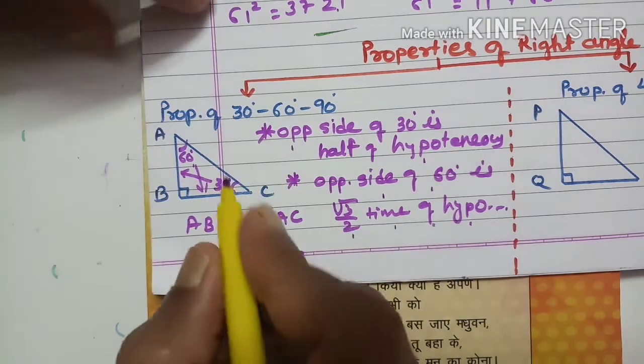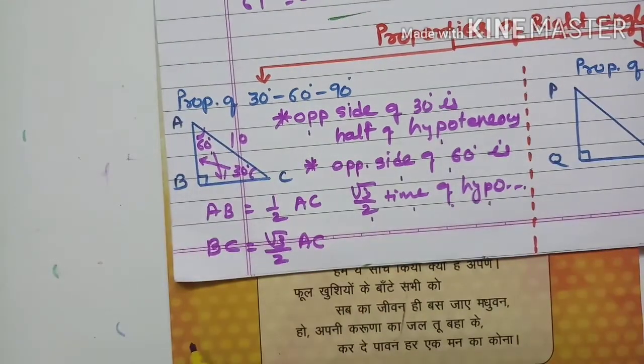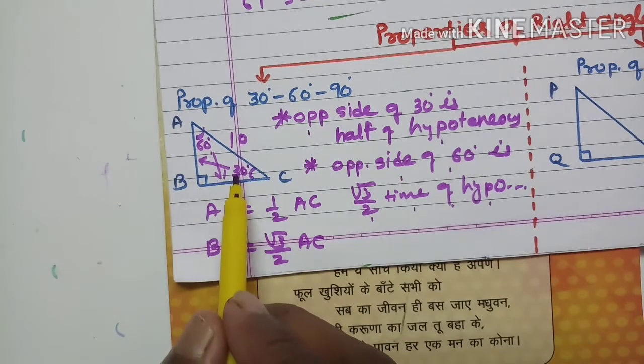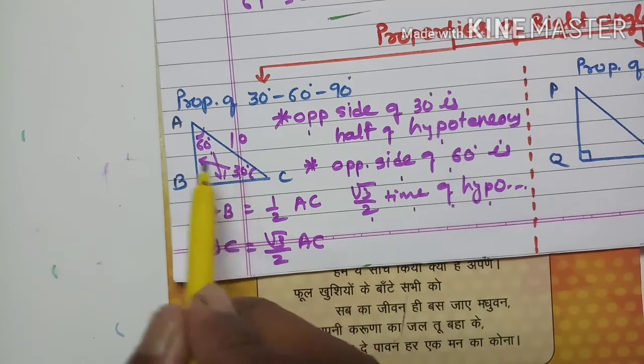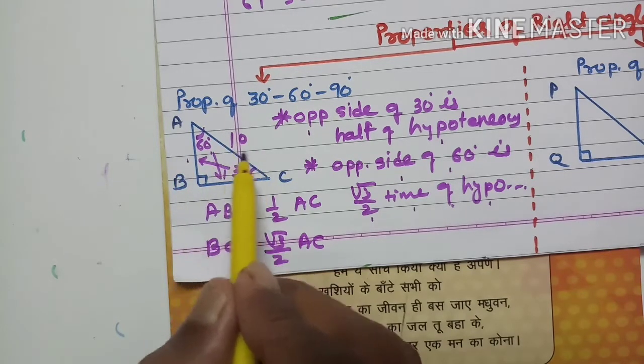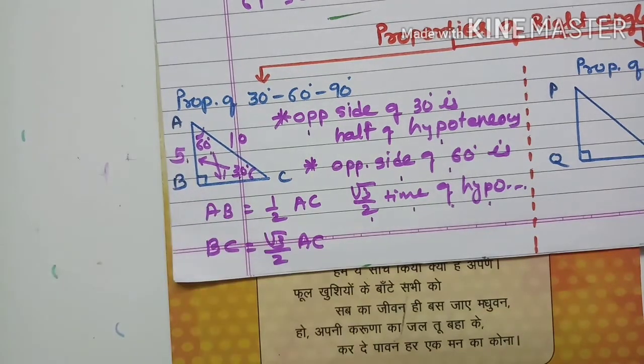Suppose the length of AC is 10, the hypotenuse is given, then find out the length of the remaining two sides. If this is 30, then the opposite side of the 30 is half of the hypotenuse, so half of 10, so the length of AB is 5.